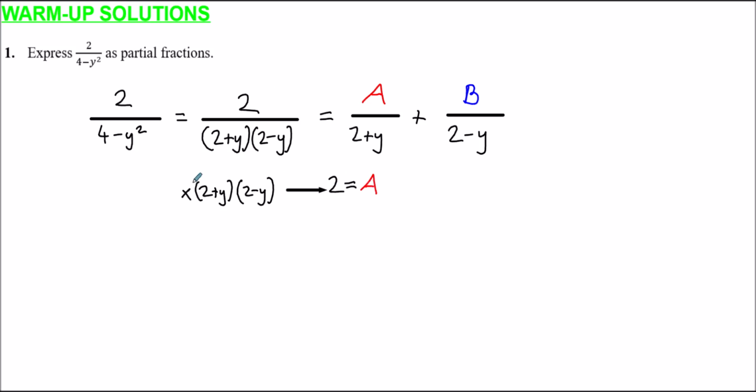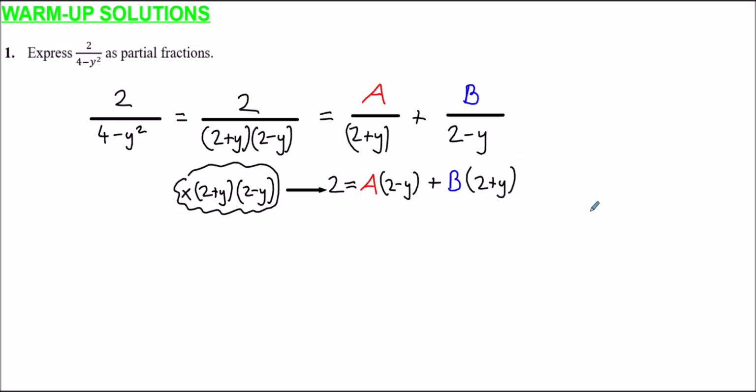But then if we're multiplying everything by (2 plus y)(2 minus y), the 2 plus y will cancel the 2 plus y we're multiplying by, but the 2 minus y will remain. And in a similar fashion for b, we'll then have plus b. If we multiply this one by (2 plus y)(2 minus y), the 2 minus y will cancel, and we're left with 2 plus y there.